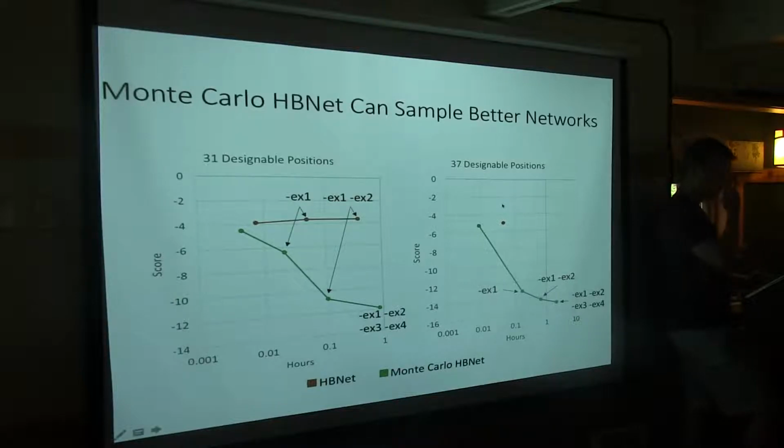And in both of these, I think Monte Carlo looks pretty favorable. For the same sampling level, it's faster and it gives a better result. And especially in the cases where HBNet doesn't run in the week, Monte Carlo looks quite good.